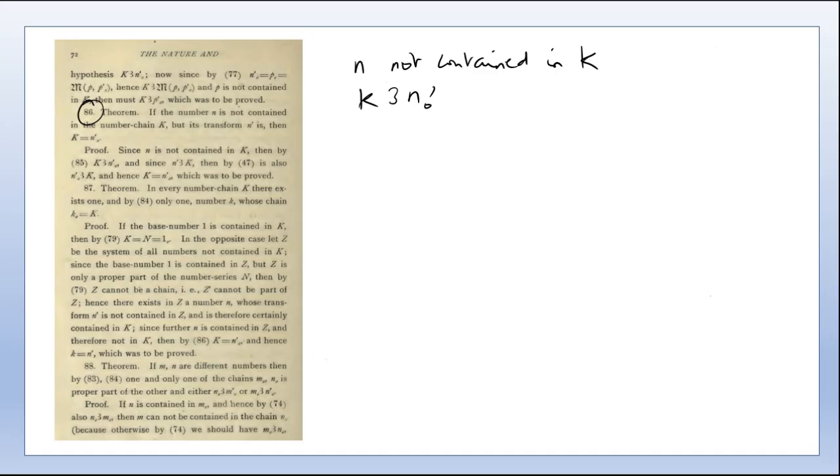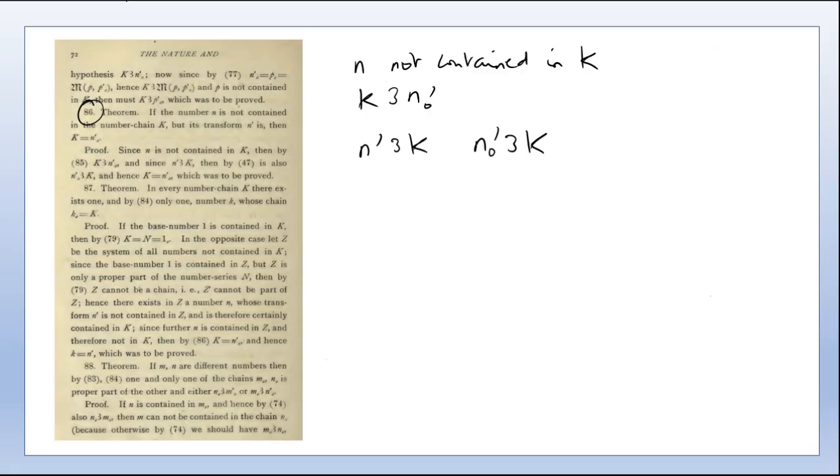And since n primed is an element of K, then by 47 the chain of n primed is also a part of K, because K is a chain.